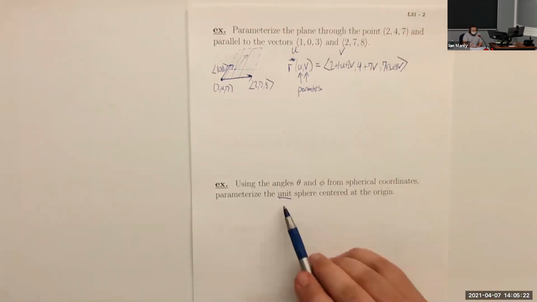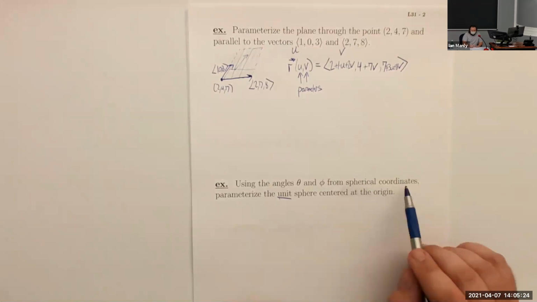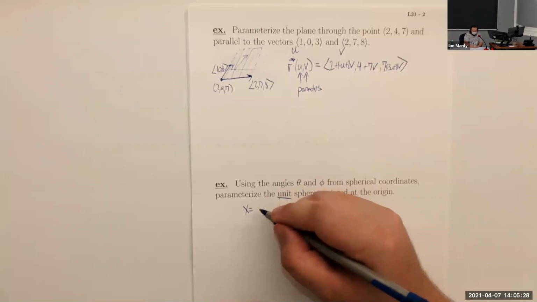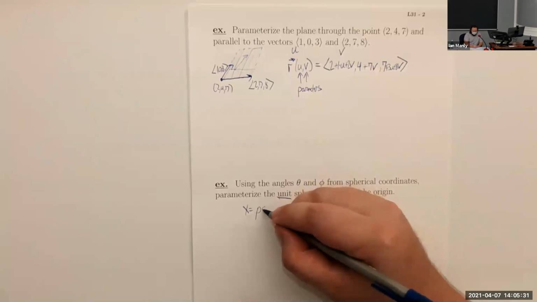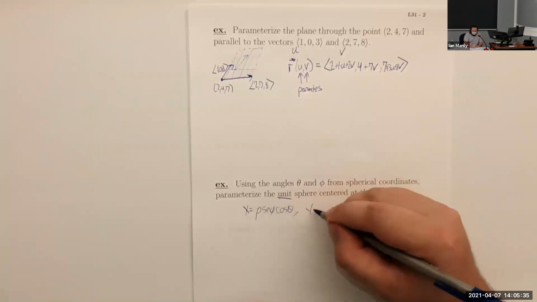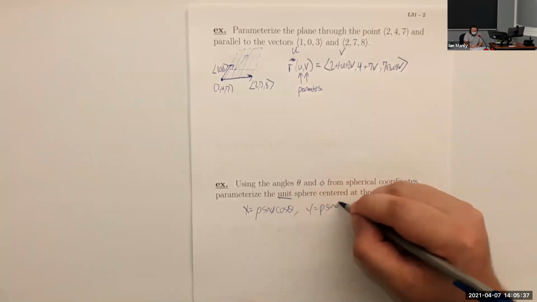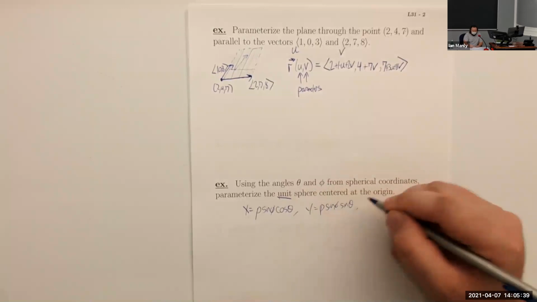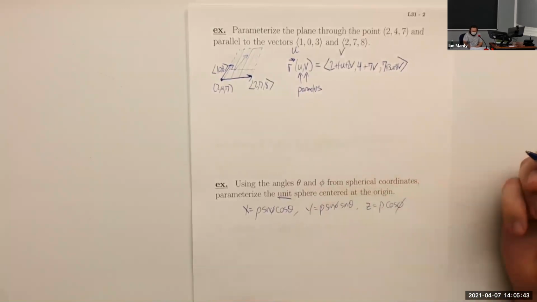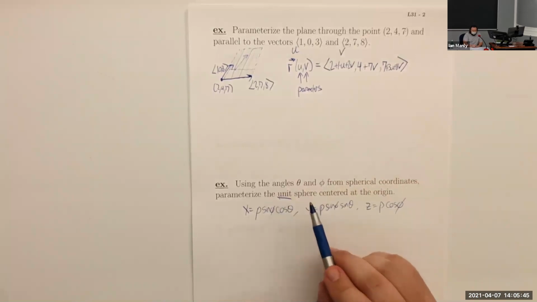All right, so let's go ahead and parameterize the unit sphere. Now, spherical coordinates, what are those? Well, remember the conversions for spherical coordinates. X is rho sine of phi cosine of theta. Y is rho sine of phi sine of theta. And z is rho cosine of phi. All right, now we're on the unit sphere, correct?